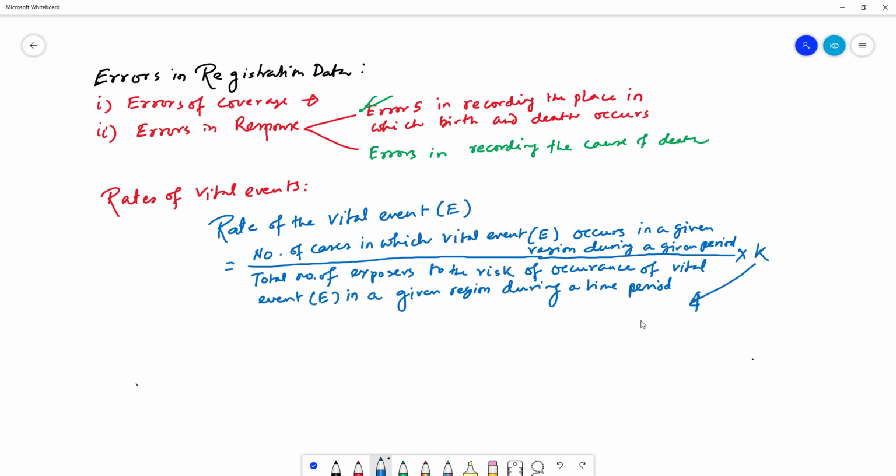We generally take this 10 cube or 10 to the power 5, so that every rate is expressed per thousand population. When we multiply by 10 cube, it is per thousand population, or when we multiply by 10 to the power 5, it is per lakh population.